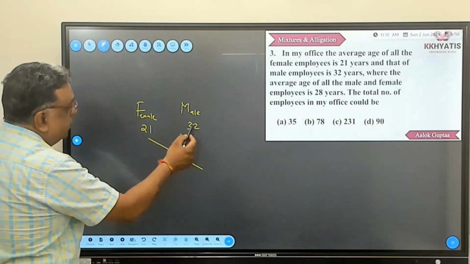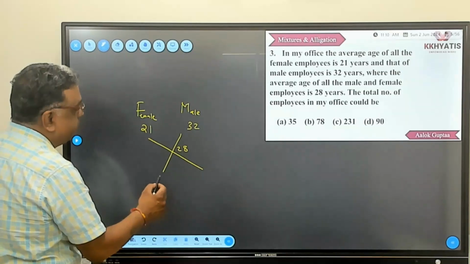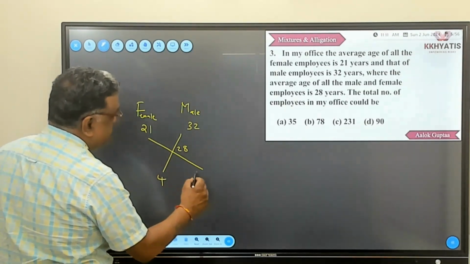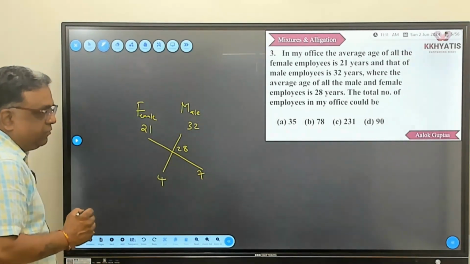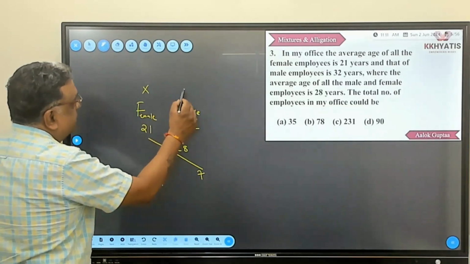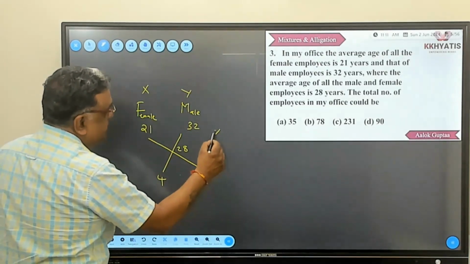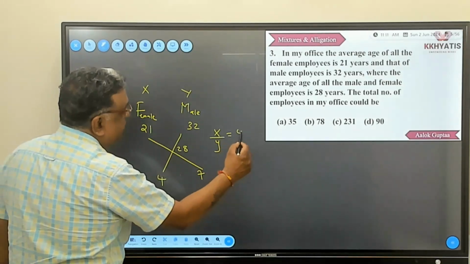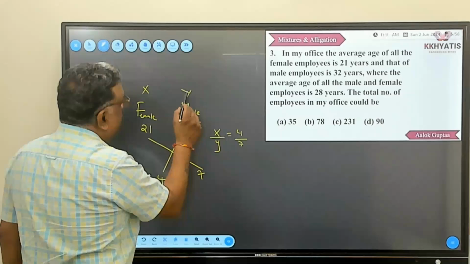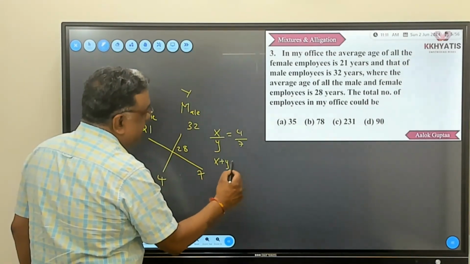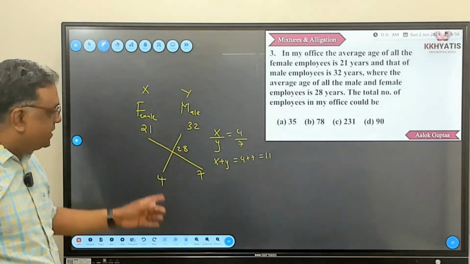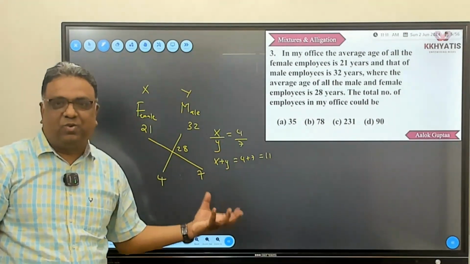Which means 32 minus 28 is 4 and 28 minus 21 is 7, which means the ratio of male to female, x upon y, should be 4 upon 7, correct? Which means the total of x plus y will be 4 plus 7, that is 11. But this is in terms of ratio. This is not the actual quantity.